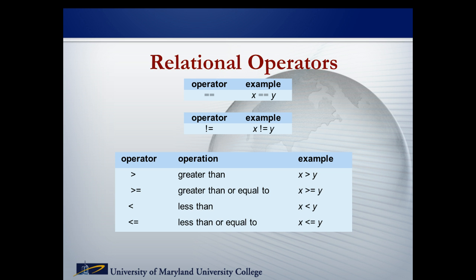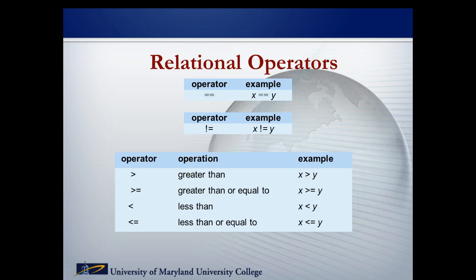And these are the relational operators. Now this is very important, because if you look at the top of the page where it has the equals operator, you'll notice that double equals is just to test if one condition is equal to another. So for instance, the example is x equal to y. Now if you just used a single equal sign, it will try to place the value of y into the value of x. So it's very important to remember that when you are using a test condition, you use that double equal sign.